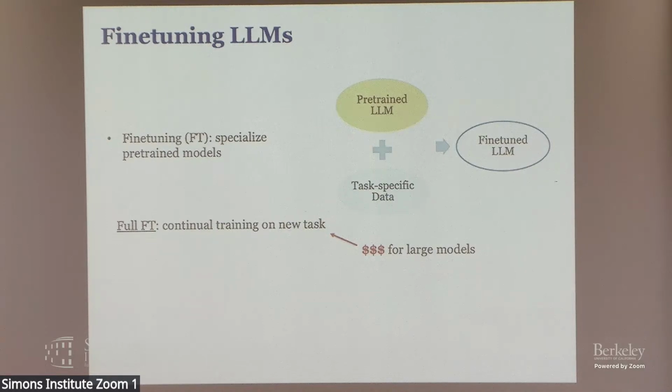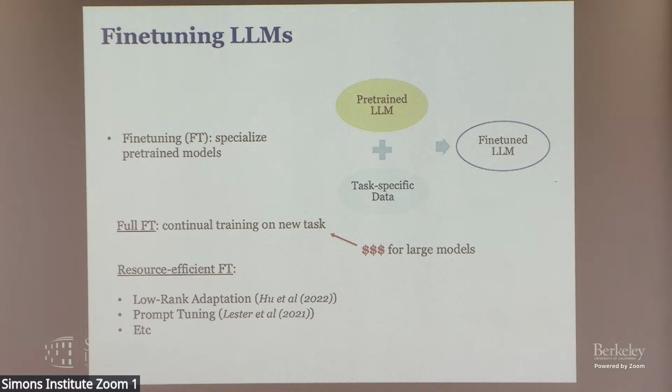To solve this problem, researchers introduced fine-tuning methods called resource-efficient fine-tuning methods. The idea comes from the simple intuition that you don't really need to update the whole pre-trained model to make it better on a small task.